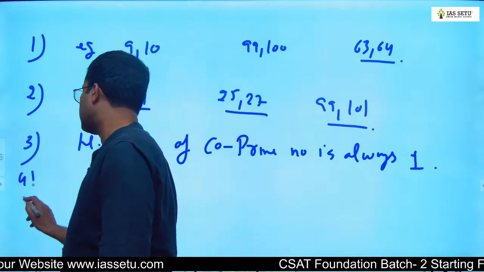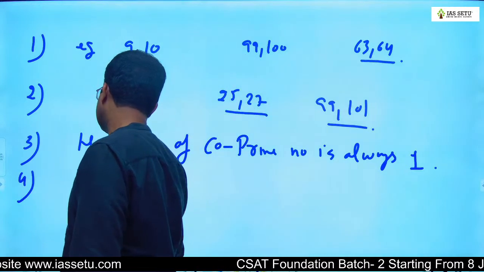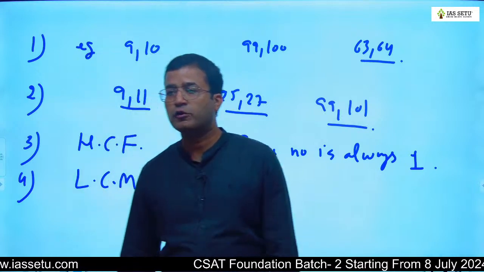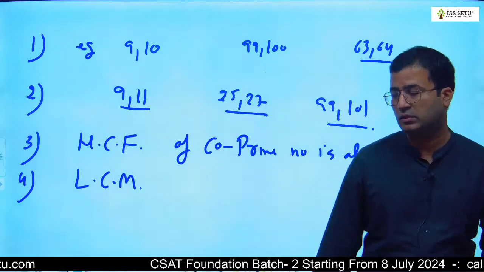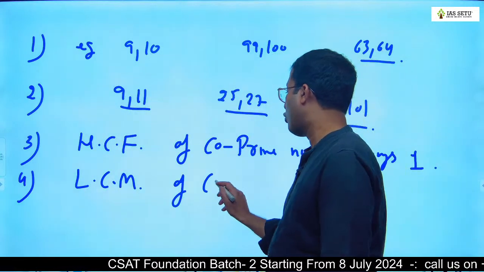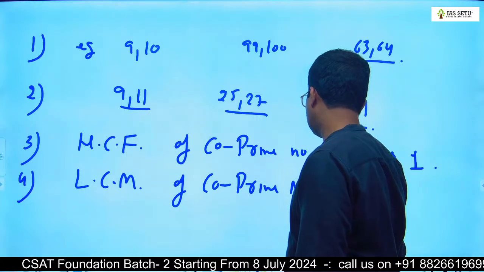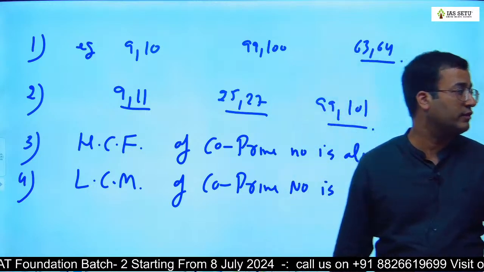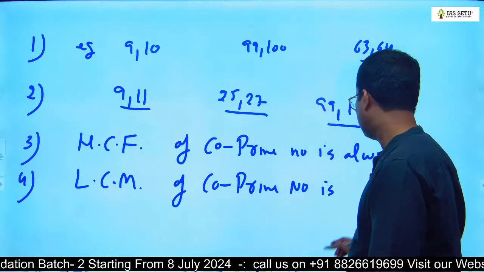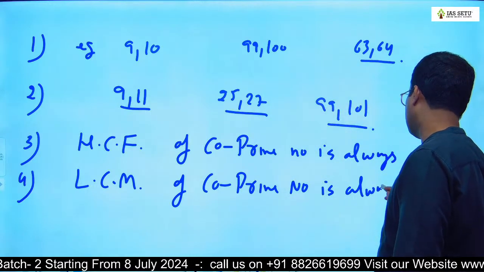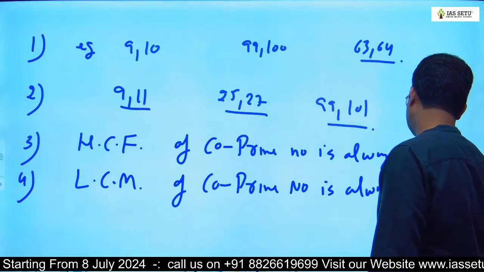Next, fourth one is LCM, stands for least common multiple of co-prime numbers is always their product.